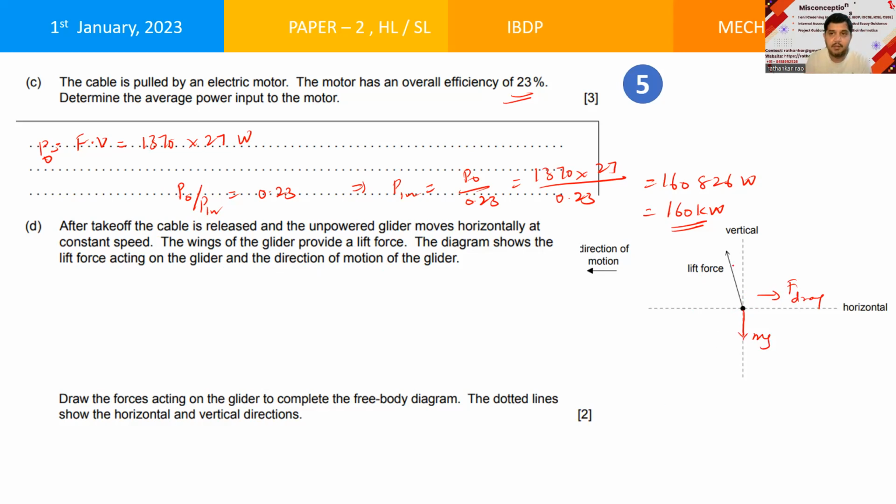You don't have a normal force. Remember, do not put a normal force over here. If you put a normal force, it means the object is still on the ground. But it says the glider moves horizontally at constant speed after takeoff, and hence you will not have anything like a normal force.